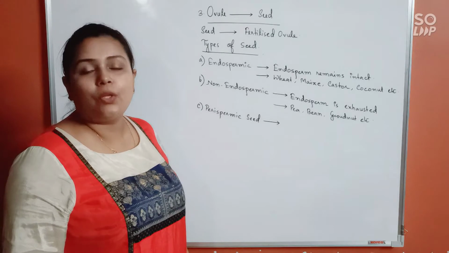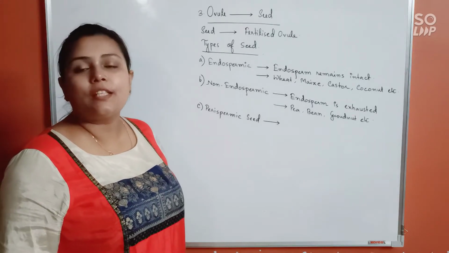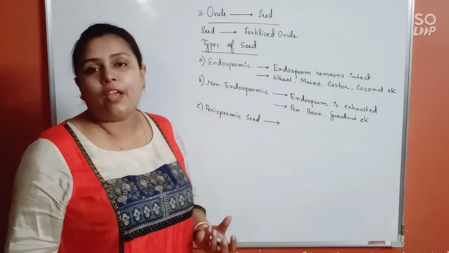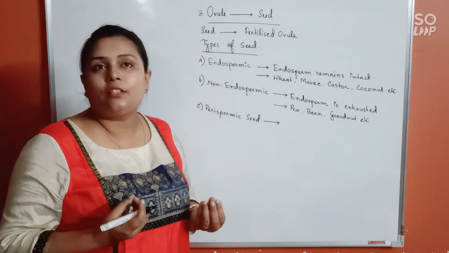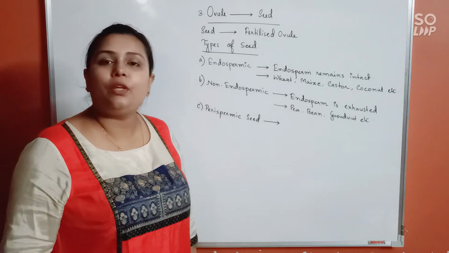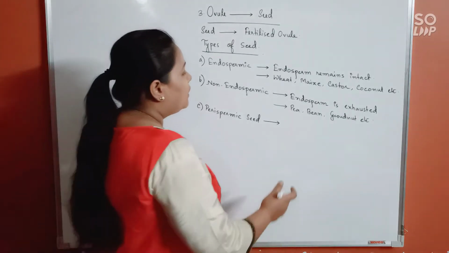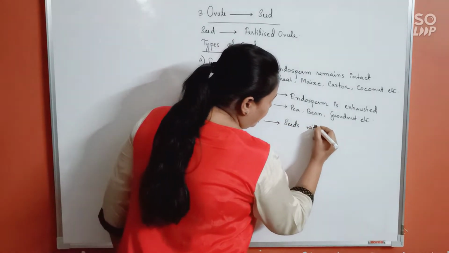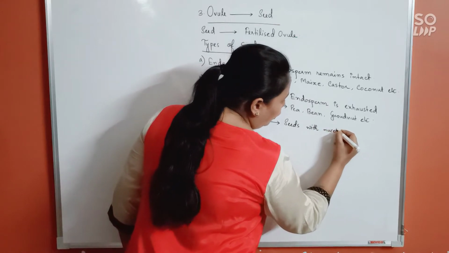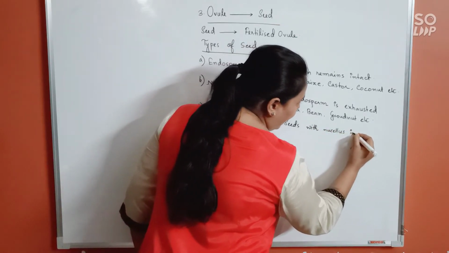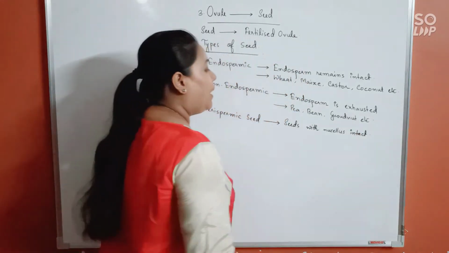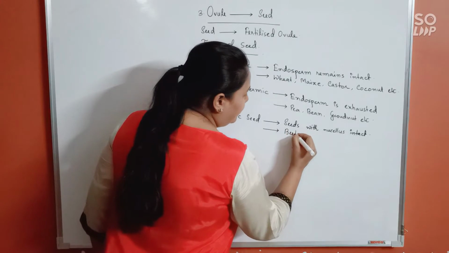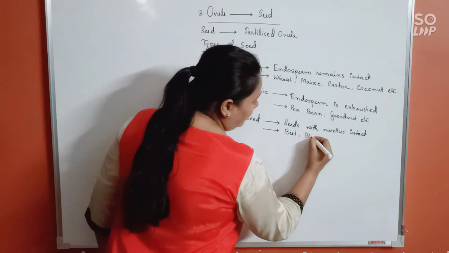So such seeds with a faint lining of the nucellus is known as perispermic seed, and that faint lining, or you can say remains of the nucellus, will be known as the perisperm. Okay, so seeds with part of the nucellus intact is called perispermic seed, right? Example will be beet, black pepper.